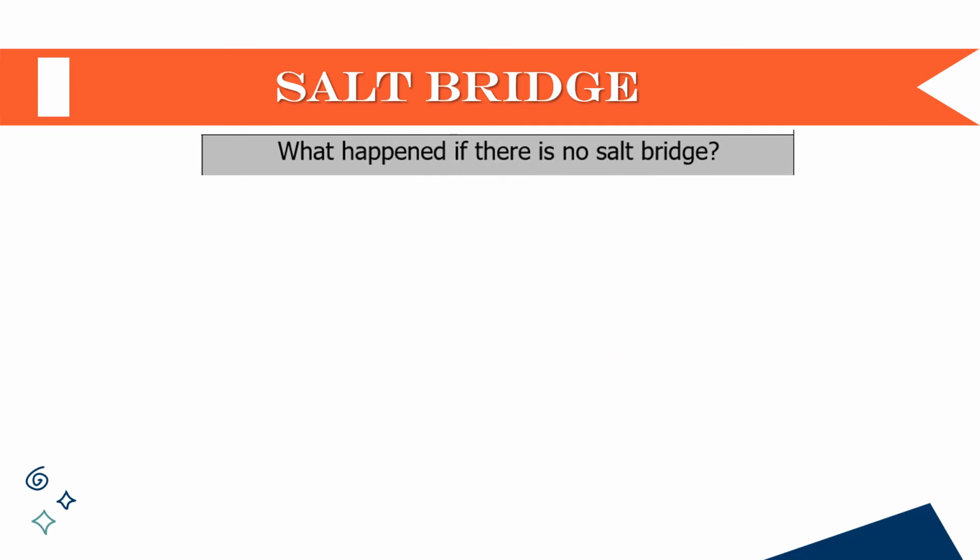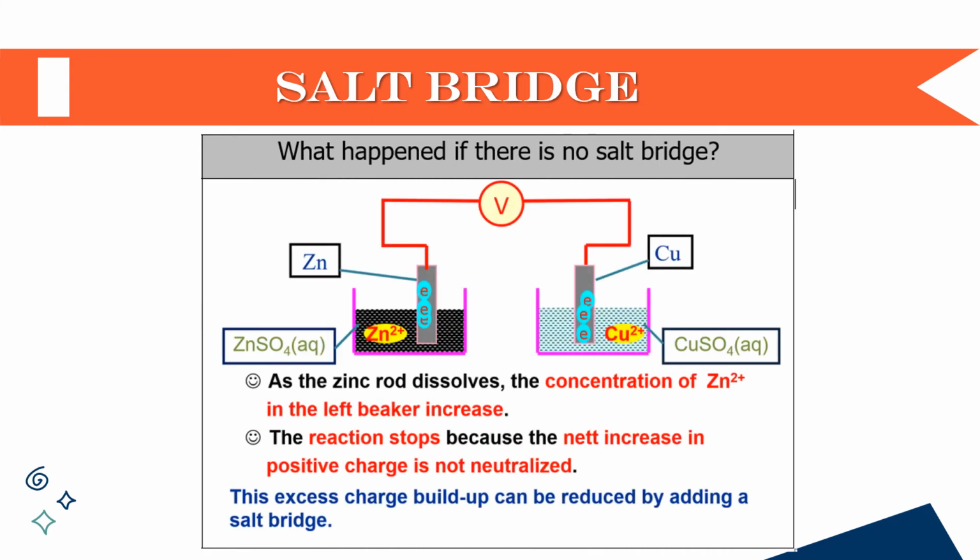What will happen if there is no salt bridge inside our galvanic cell? This is what will happen. We focus here on zinc. As the zinc rod dissolves, the concentration of zinc 2 plus in the left beaker increases. As it increases, the reaction will stop because the net increase in positive charge is not neutralized.